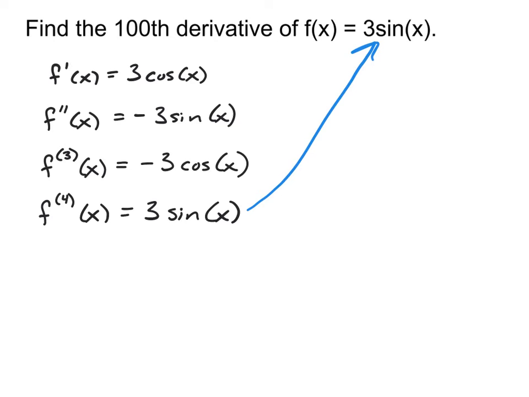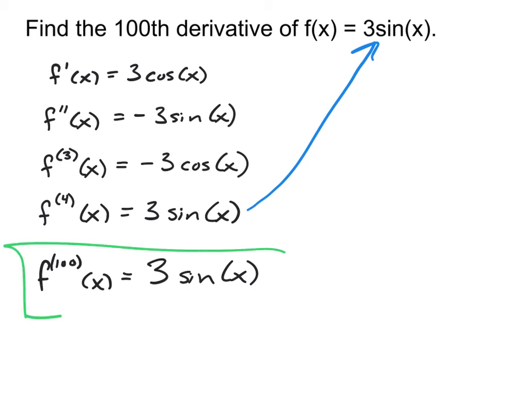Well, the nice thing about 100 here is that 100 is a multiple of 4. So then I know that's where it's actually starting to repeat itself. So it's back to the 3 sine of x at 100. So there's nothing else that we would need to do on that one. So our answer is 3 sine of x.